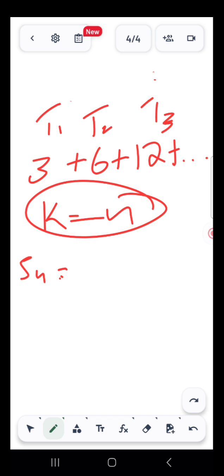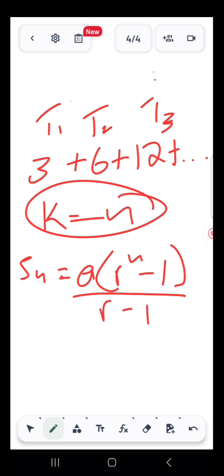So you are going to use the sum formula for a geometric pattern. The formula is Sn equals a times open bracket r to the exponent of n minus 1 close bracket, all over r minus 1, and remember r cannot equal 1, because then you divide by 0, which is undefined.